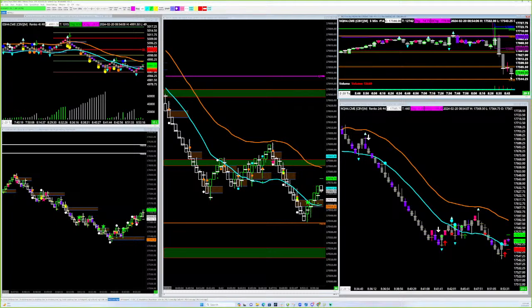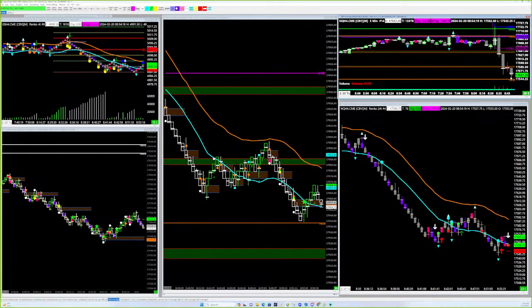That doesn't mean, by the way, don't take any trades. It just means be aware of what the playing field looks like potentially. Down 185 on NQ.